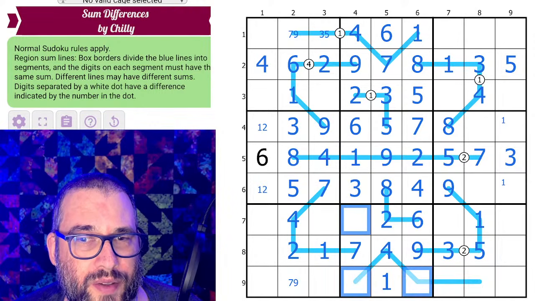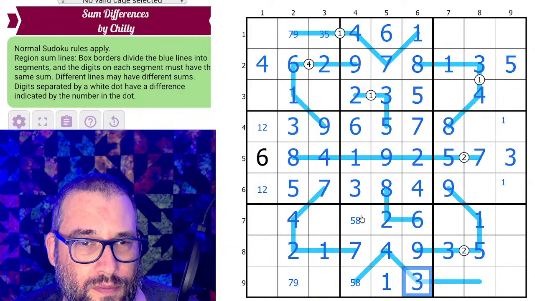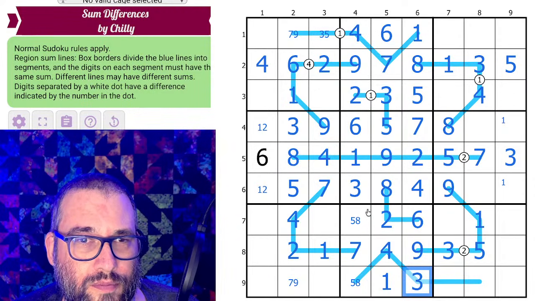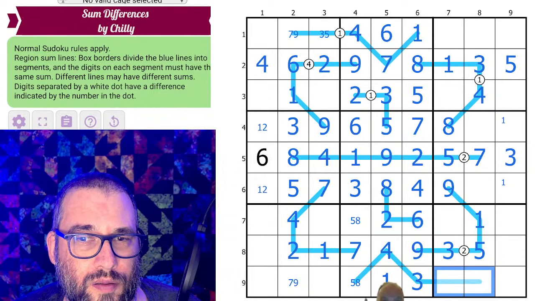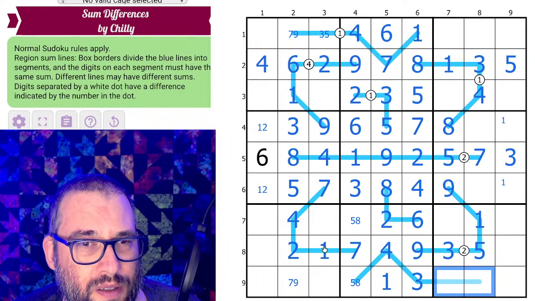It's left in this box. That's a naked 3. How about these? Don't want to think about that.